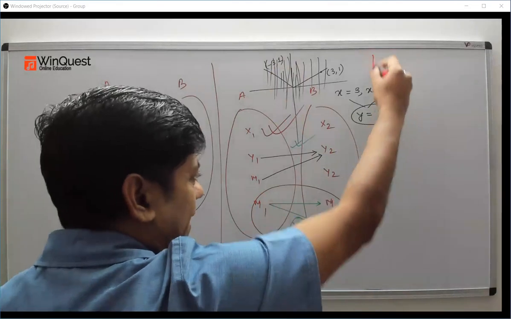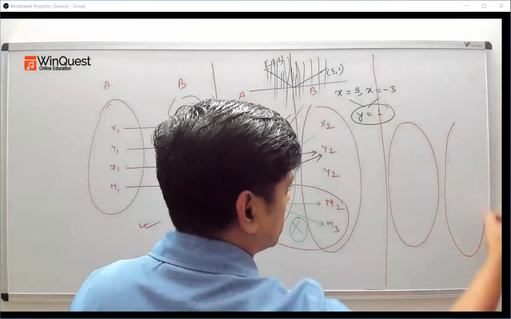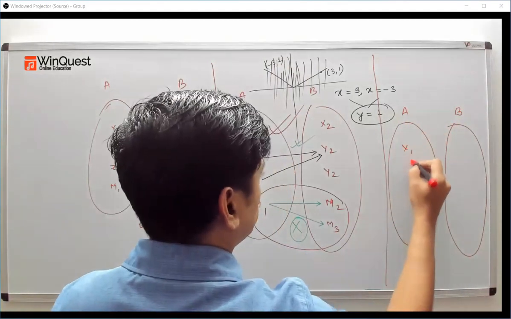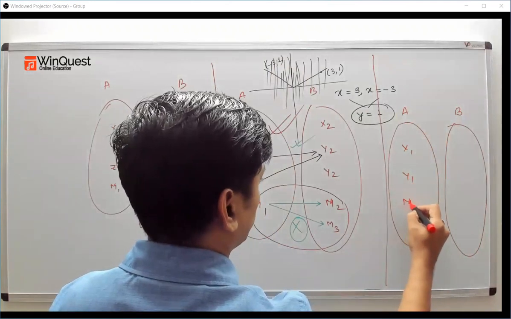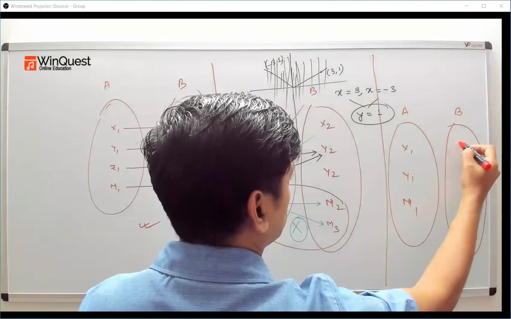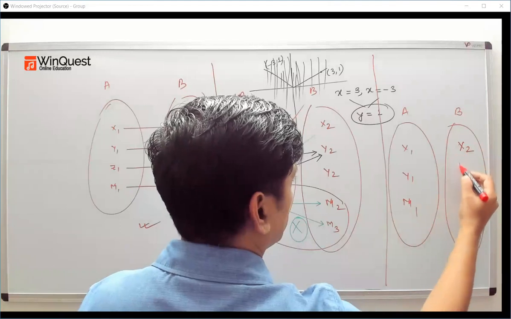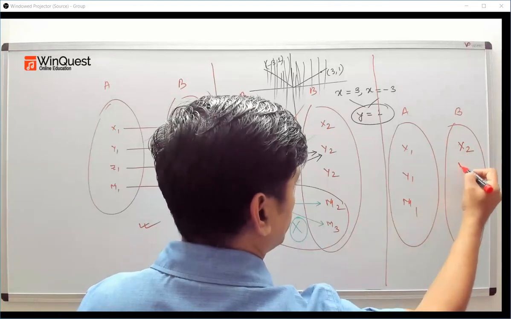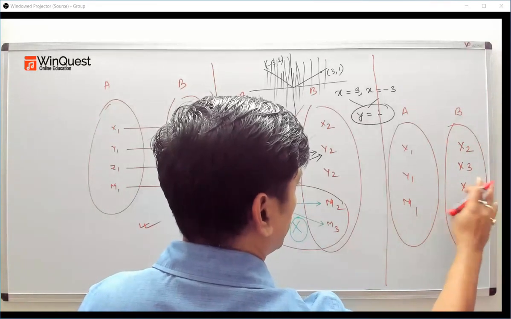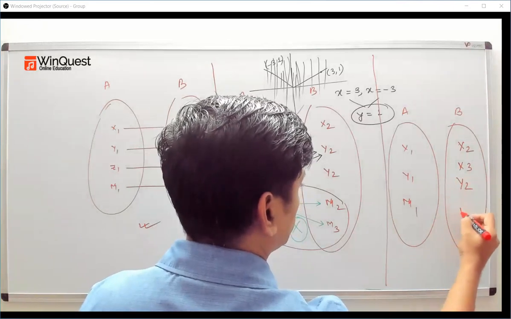So the third category is, you have to remember, this is, let's say, A and this is B. X1, Y1, M1. Let's say X1 represents X2, X1 represents also X3, and then Y1 represents Y2, and then M1 represents M2.